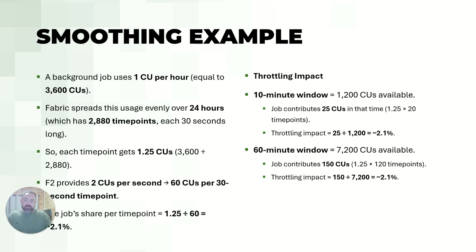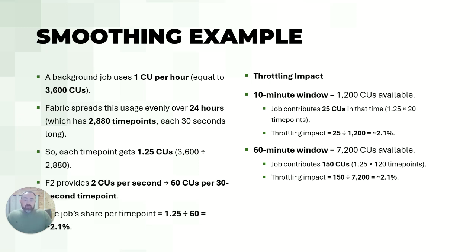We've got 3,600 divided by 2,880. F2 will give us 2 CUs per second, so that's 60 CUs per 30 second time point. So the job share per time point is 1.25 divided by 60, and that gives us around 2.1%.